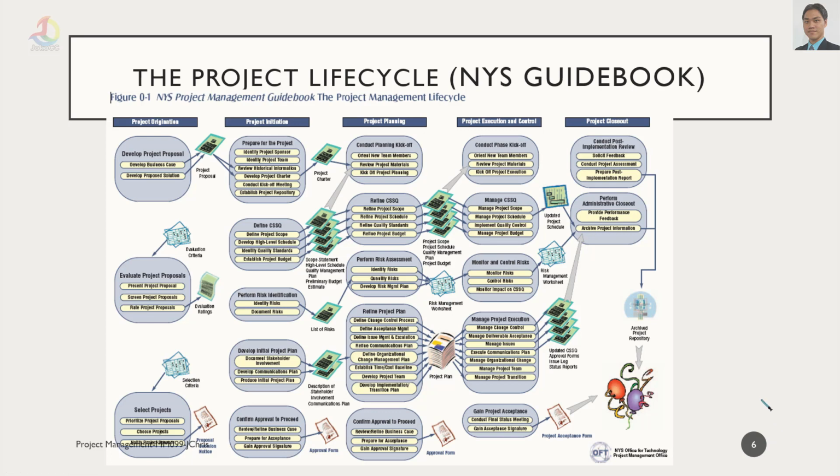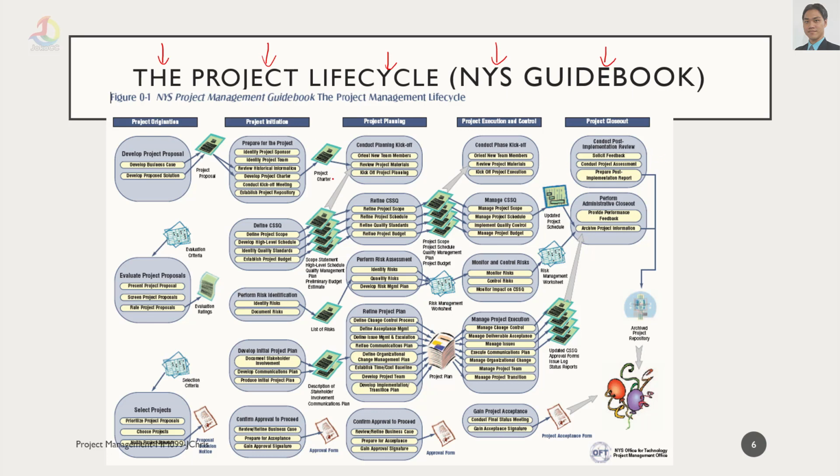So in the project life cycle, you can see there are 5 major processes here, from the project origination, project initiation, project planning, project execution and control, and project closeout.